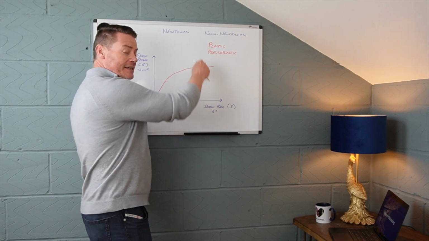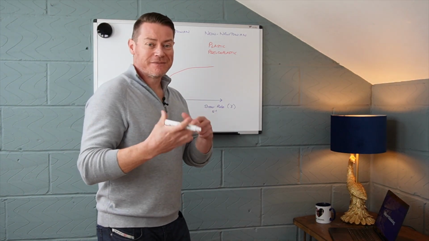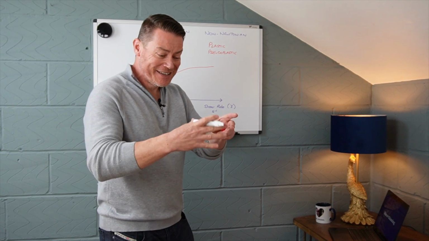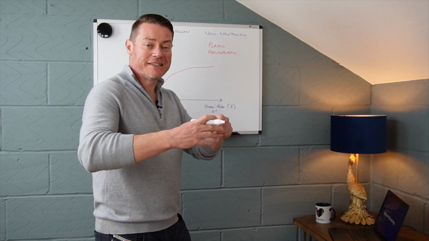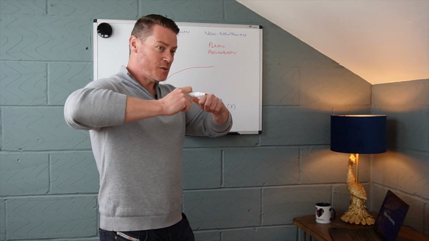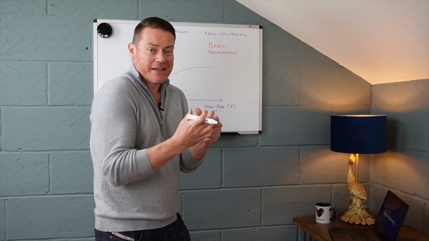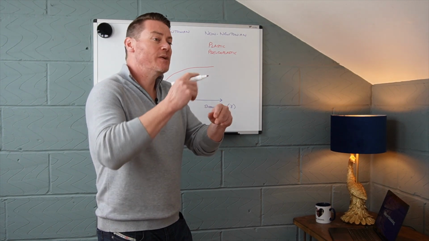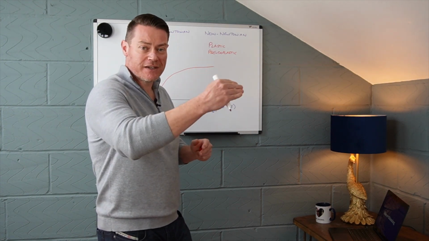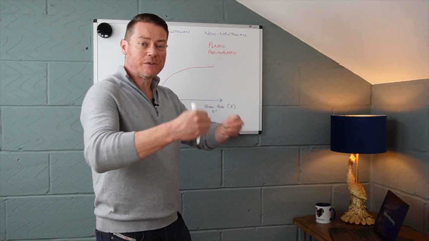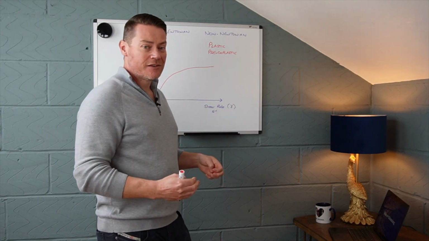But a truly plastic material, think about plastic material. It's got a kind of strength to it, and so when you apply a force to a truly plastic material, initially it resists that force and doesn't move, but when you go over a certain threshold, you break the bonds that are holding that material together, and then it starts to flow.